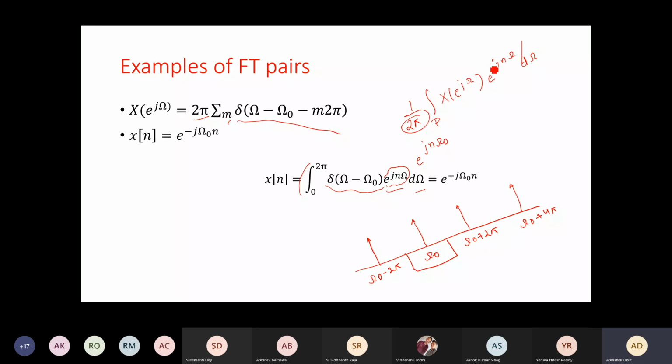Oh, you are saying we have a minus here. Are you sure? Do we have minus in this formula, x n? No, sir. We have plus. So remember, x n has a plus, and X(e^j omega), which is the inner product between x n and e to the power j n omega, will have minus.